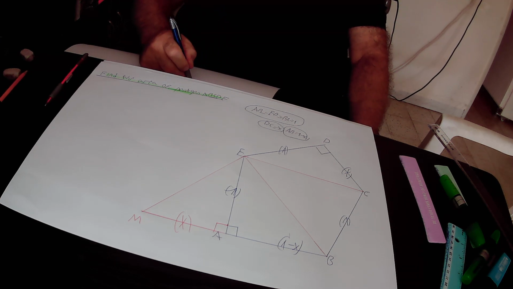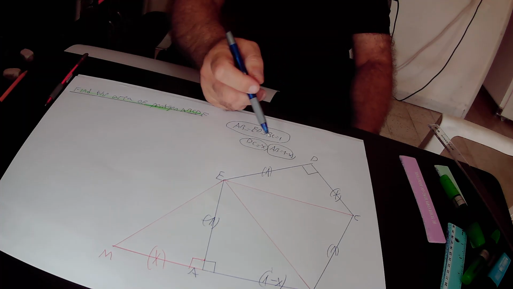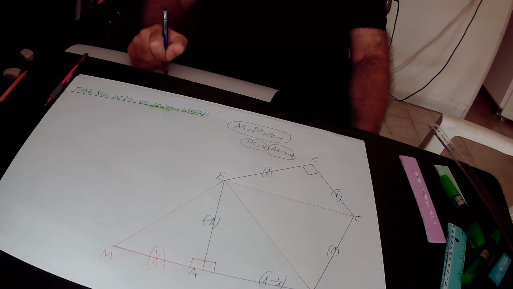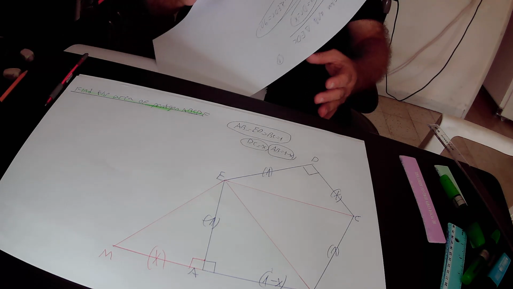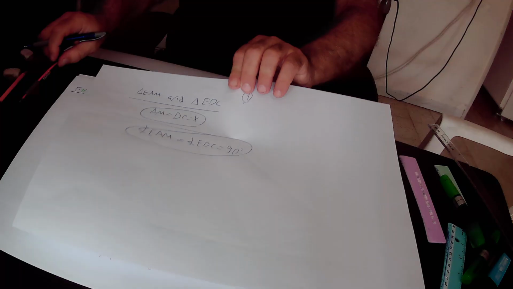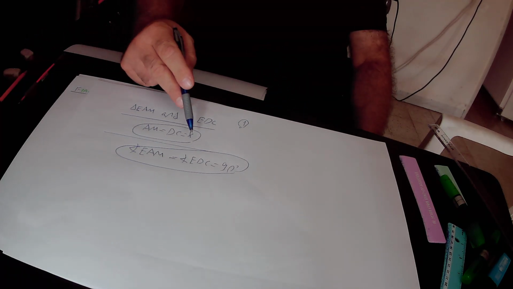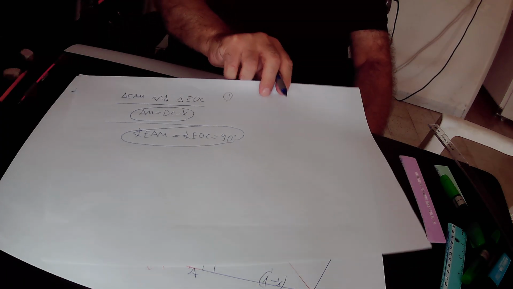It is equal to angle EDC in the right triangle EDC. They are both equal to 90 degrees and therefore they are equal to each other.